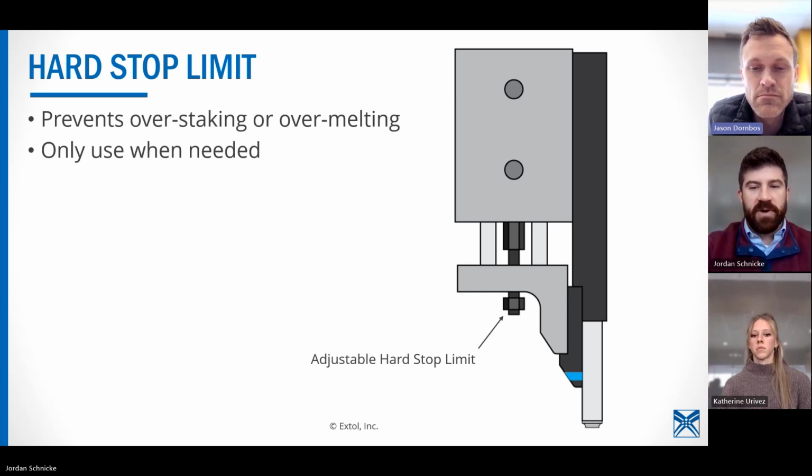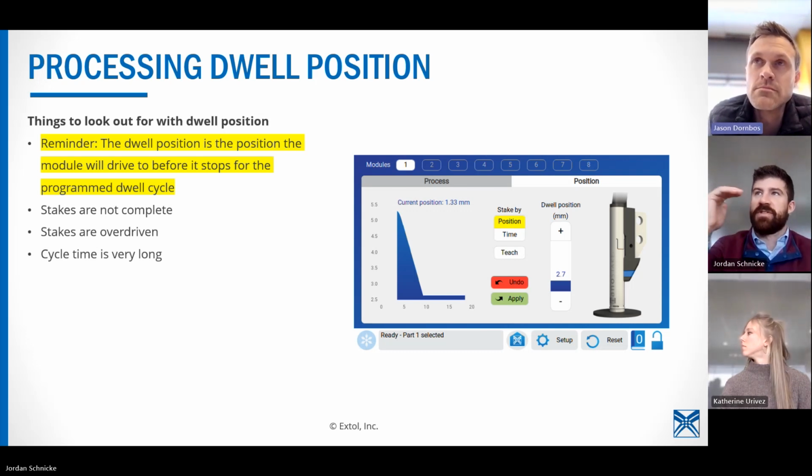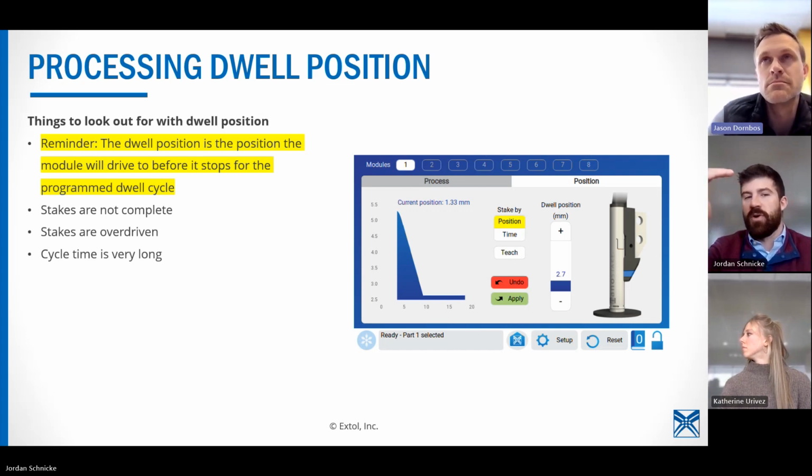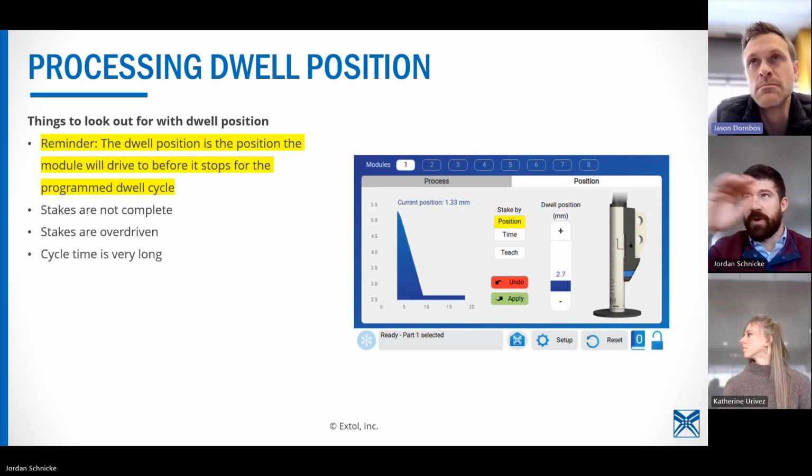I'm just going to go to a position screen really quick to use this as an example. It is possible to see what the current position is of your module. So when these are sitting at the top of the tool plate, you can go on here, and if they're extended, or maybe you manually fire them, you can go through and check every module and understand how far this module can actually travel.